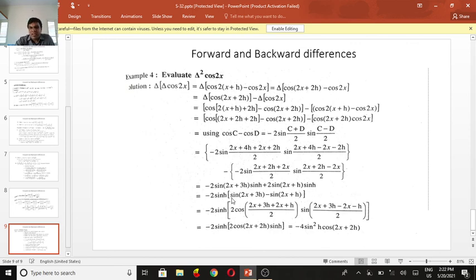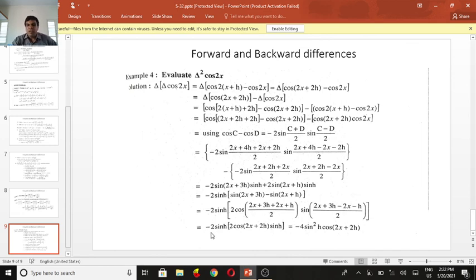Again simplifying here, observe, it is of the form sin A sin B plus sin C sin D. Taking minus 2 sin h as common, we get sin of (2x plus 3h) minus sin of (2x plus h). Again apply the sin C minus sin D formula: 2 cos of (C plus D) by 2 into sin of (C minus D) by 2.